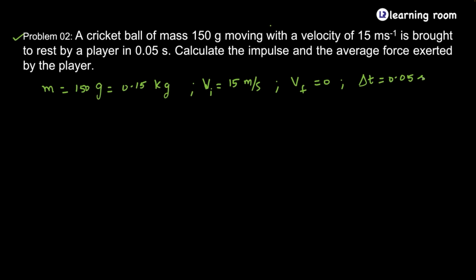Now, what are we supposed to calculate? We need to calculate the impulse. So for impulse, we have the formula of change in linear momentum. For change in linear momentum, it is going to be m into V final minus m into V initial. Since I didn't take the directions here, m into V final is going to be 0 minus the mass of this object, 0.15, into the initial velocity, which is 15.